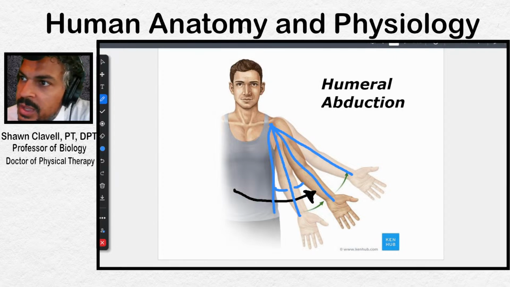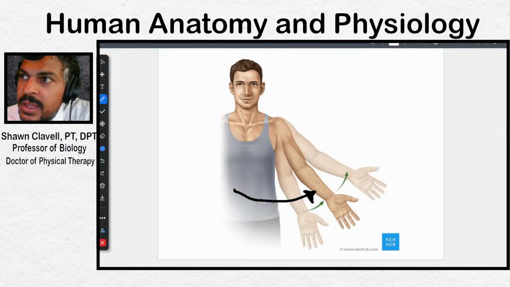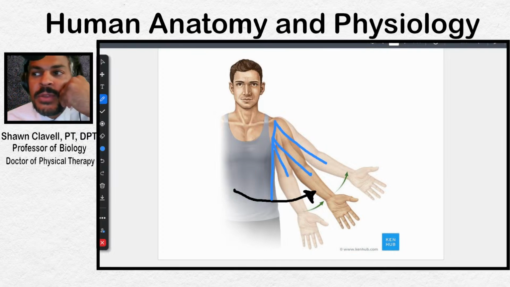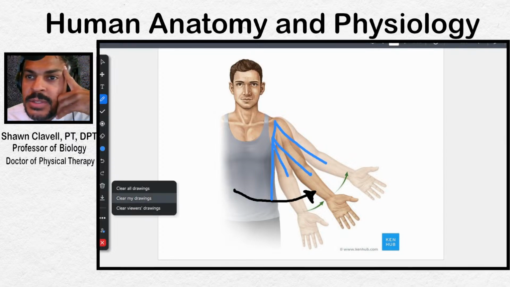Ultimately, all we're really looking at is the line of the trunk and the upper arm, like that angle right there. So if we bring that up just a little bit higher, and there. That is the angle that's demonstrating abduction: shoulder abduction, humerus abduction, brachial abduction. Any of those are appropriate answers for that.